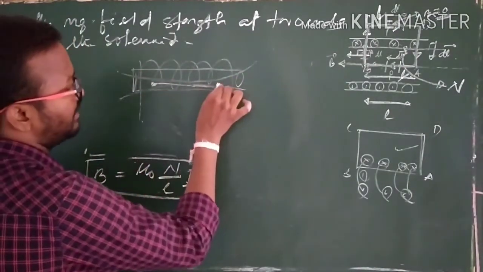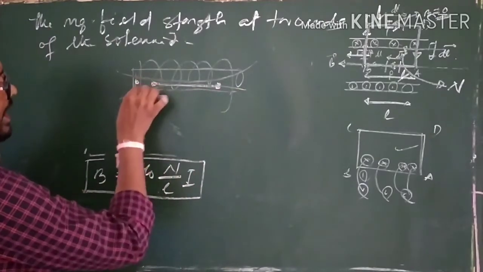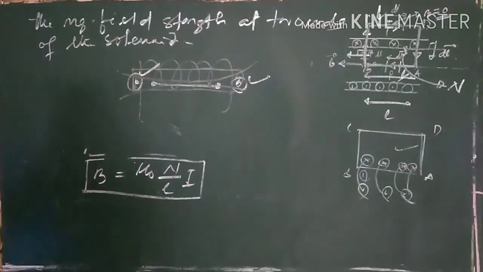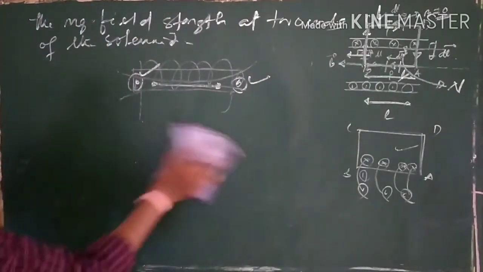Here the magnetic field strength inside is constant, but this is the end point, and this is also an end point. At these two points, we have to find the total magnetic field strength at the end point of the solenoid.